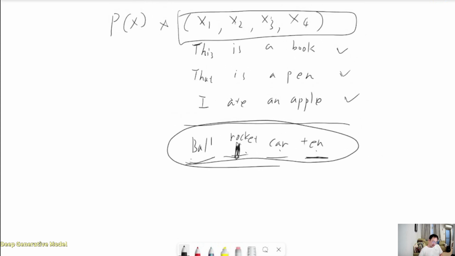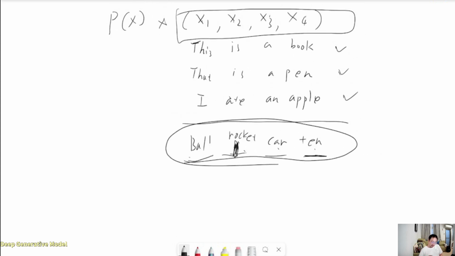This probability is complicated because there are no obvious rules. Of course, we can make some complicated rules, like because it only has 4 words, the grammar only needs a verb at some place and a noun at some position.